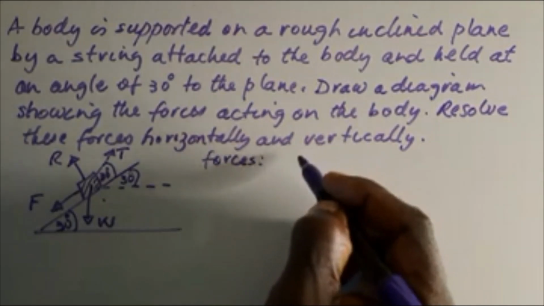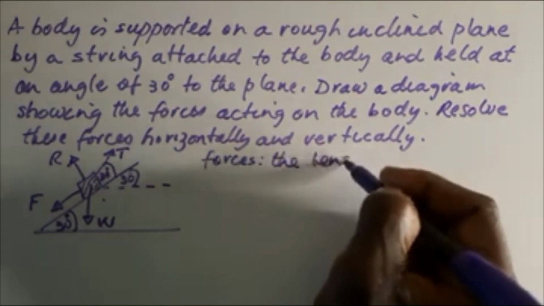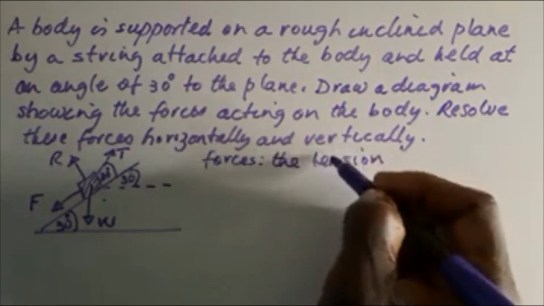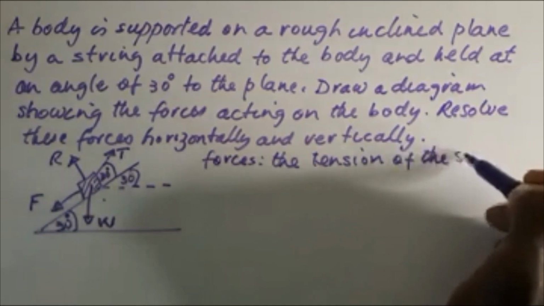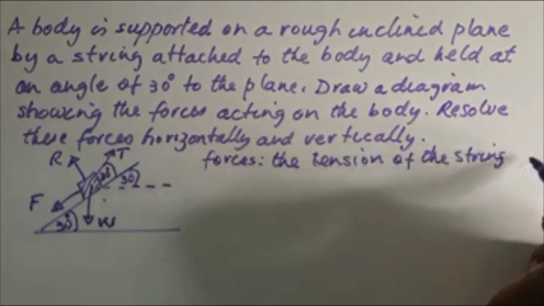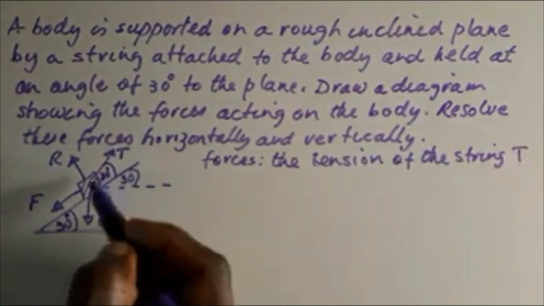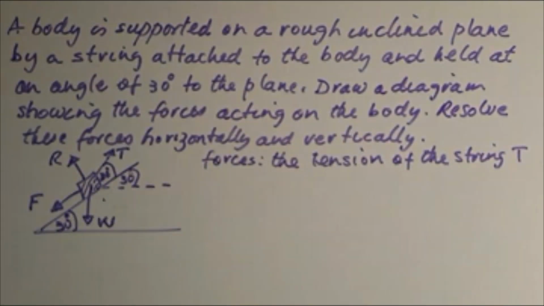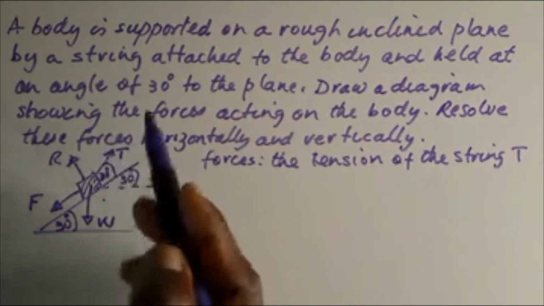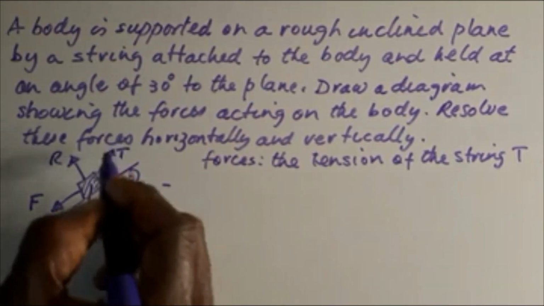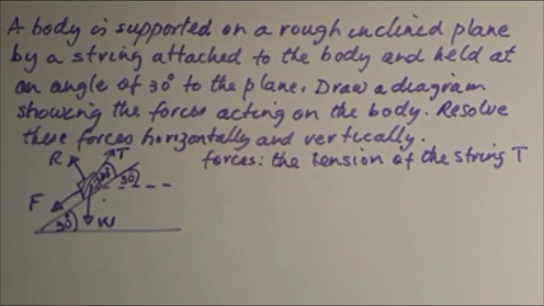Forces: tension of the string, T, and that's acting at 30 degrees to the slope. These are all similar triangles here, so T is acting at 30 degrees to the slope.